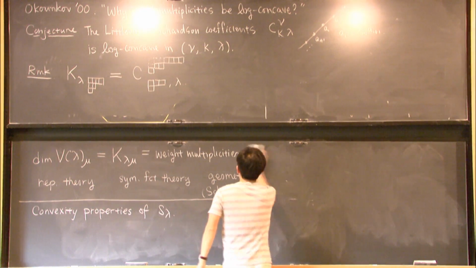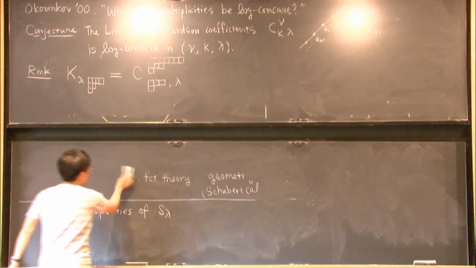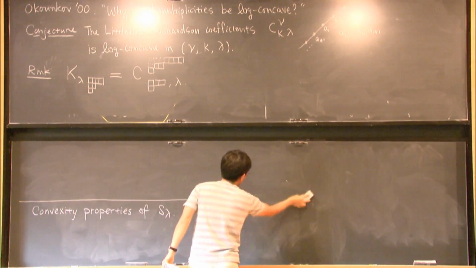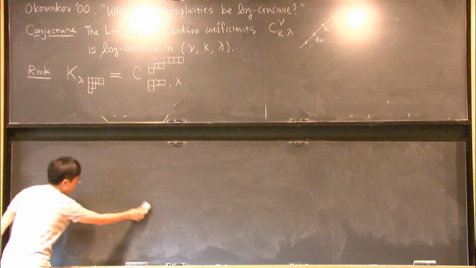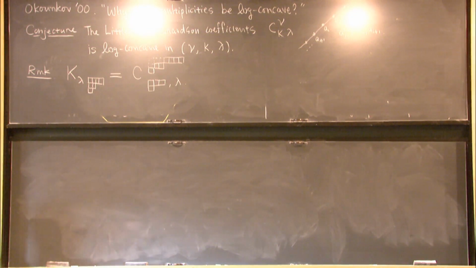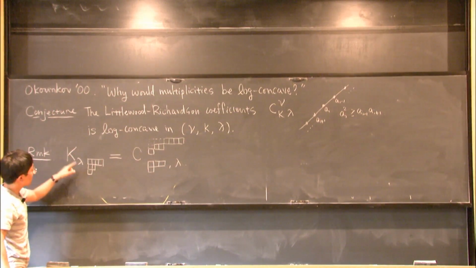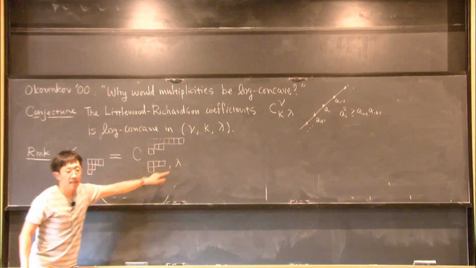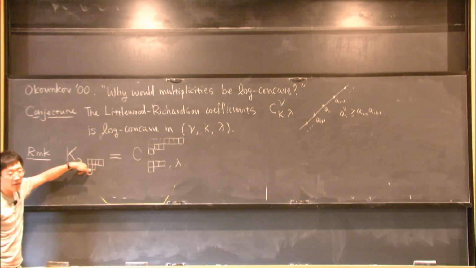So it's a very strong statement that implies a few things that people were very interested in at that time. Could you repeat the relation between K and C? So lambda is fixed. Let's say I have some mu, which is, let's say, 4, 2, 1.